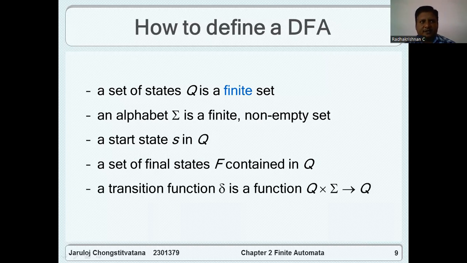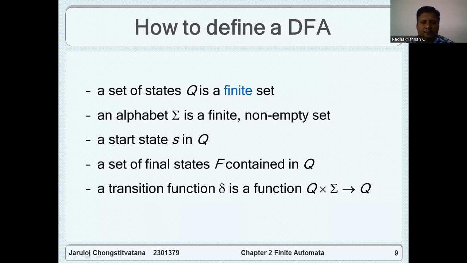Next, the transition function, the mapping function of state comma input. The corresponding state transitions are represented by the transition function. What is the use of the transition function? It is used to determine the next state of the automata based on the current input read and the current state of the automata. The next state is determined by the current state and input; it may be either the same state or a different state.